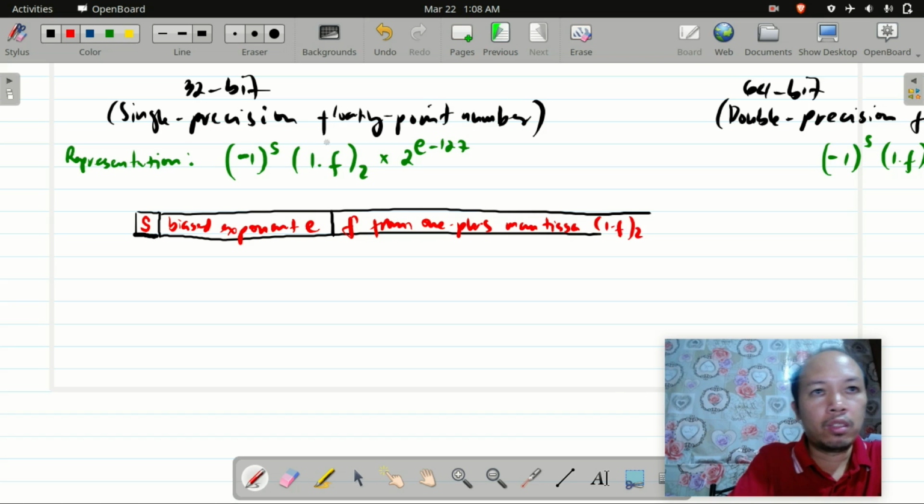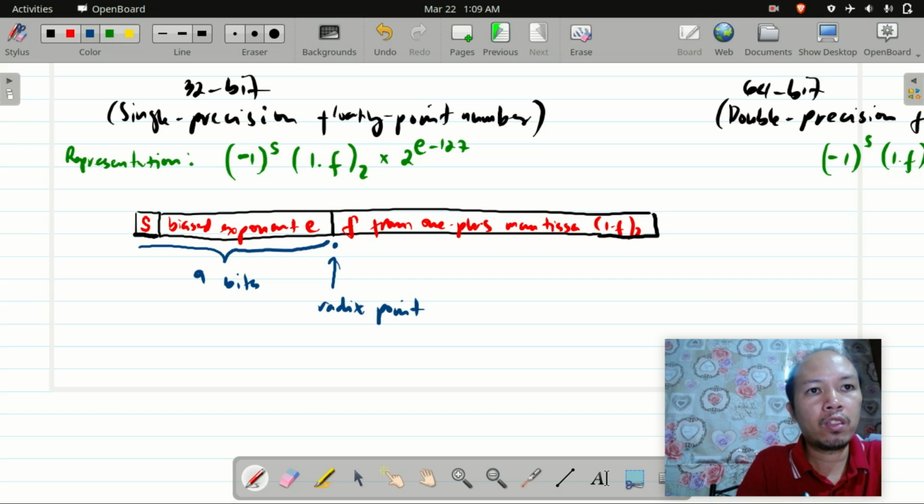Base 2. Okay, so this one here. From here, let's say we have 9 bits, and this is the radix point, and here we have the 23 bits.